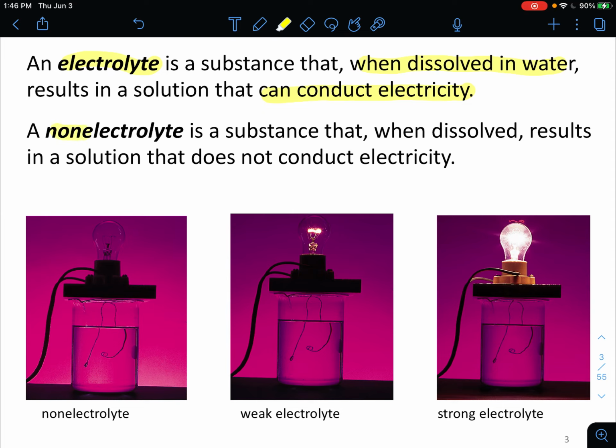And then on the other side of things, a non-electrolyte would be something that, when dissolved in water, produces a solution that does not conduct electricity. So in theory, if I had pure water, so just a tub of H2O molecules, in theory, that would be a solution that doesn't actually conduct electricity.